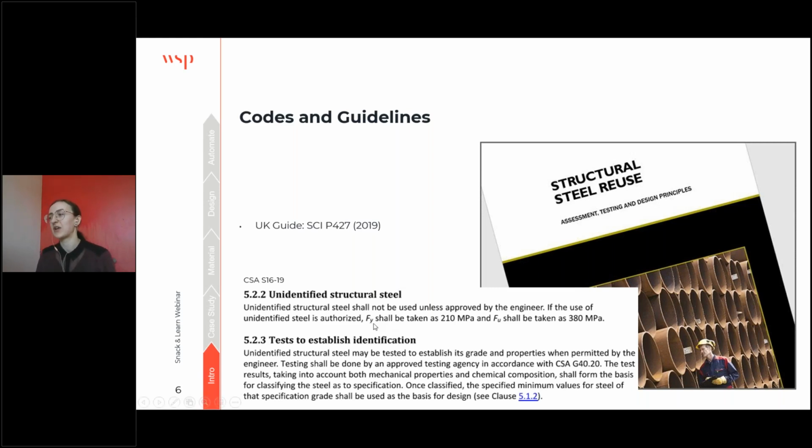In this case, you can look at a yield strength of 210 MPa for all of your design. Now that's a fairly low grade steel. So if you know you're working with more modern steel of a higher grade, there are also guidelines on how to test that steel.